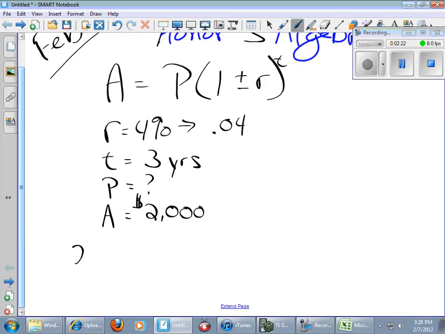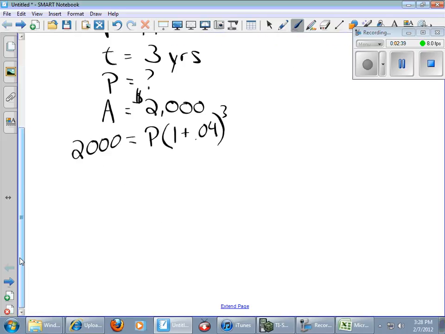This is one way to approach the problem, and we could plug them in. So we would get 2,000 equal to P, because we don't know P, times 1 plus 0.04, raised to the power 3. We want to get that P alone.